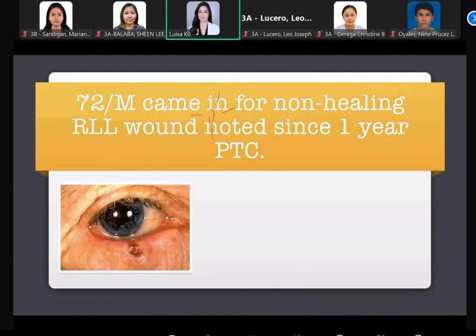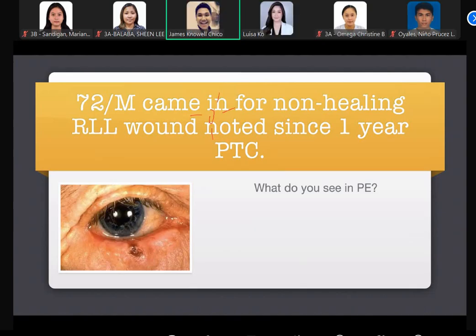All right. We have next a 72-year-old male who came in for a non-healing right lower lid wound since a year ago. What do we see on PE? There is some kind of ulceration on the lower eyelid margin.